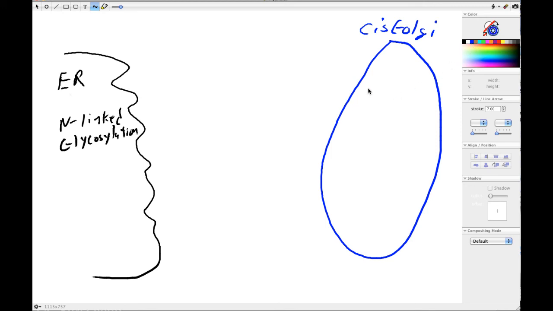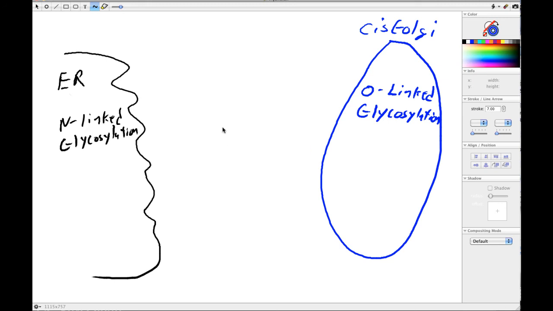And we've already discussed that this is where O-linked glycosylation occurs. All right, so what you would expect, based on everything I've told you, is that no resident protein in the ER should have O-linked glycosylation, because you would think that an ER resident protein wouldn't exit.